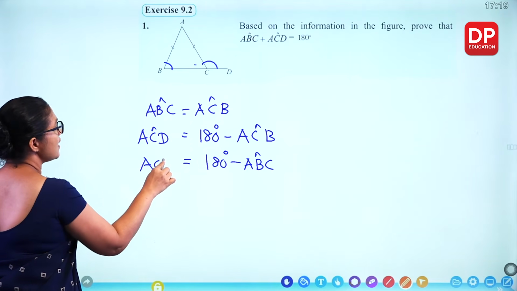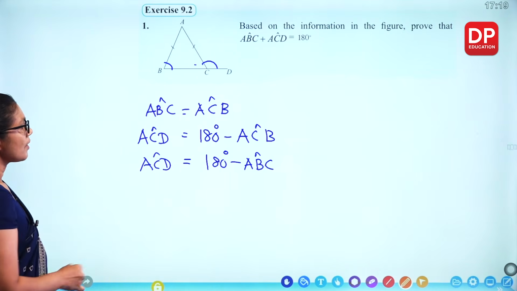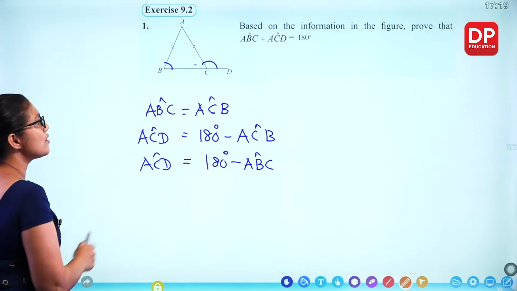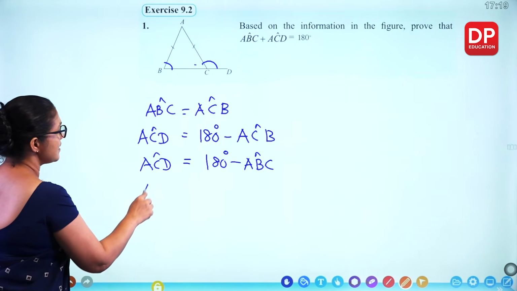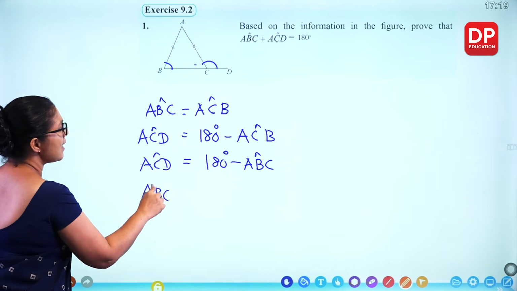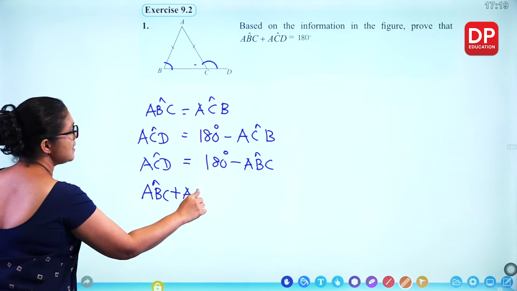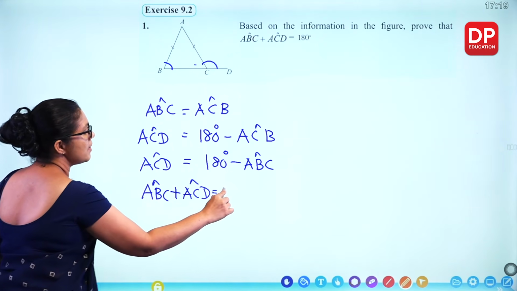Now what can I say now? When you take angle ABC to this side, I can see angle ABC plus angle ACD should be equal to 180.